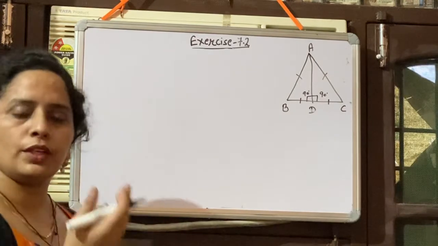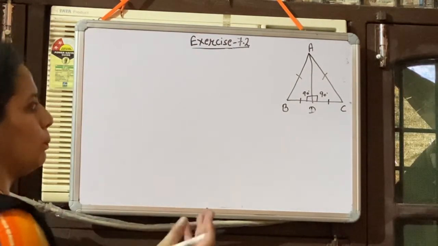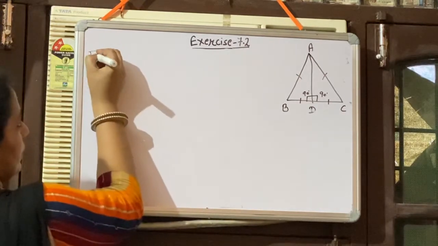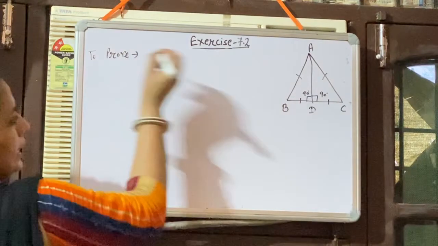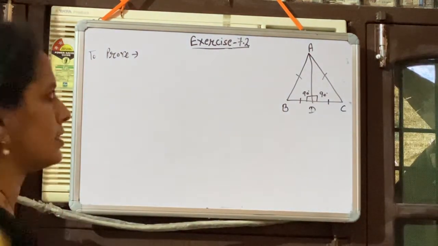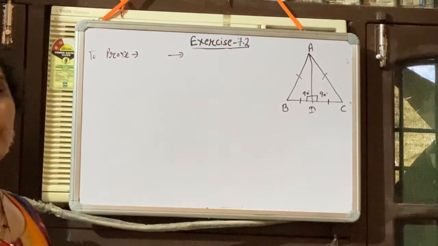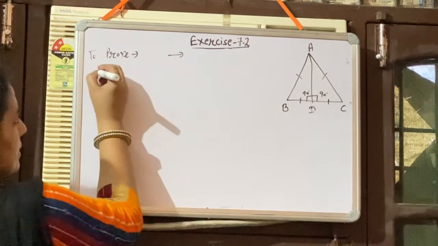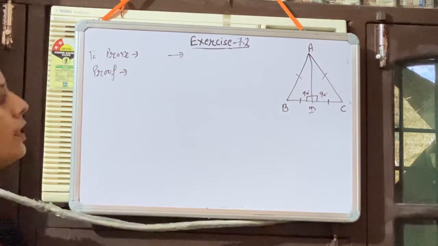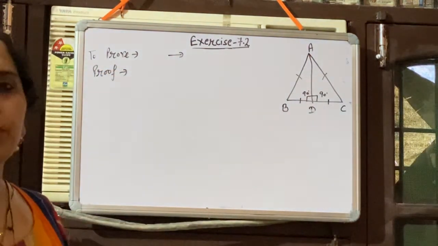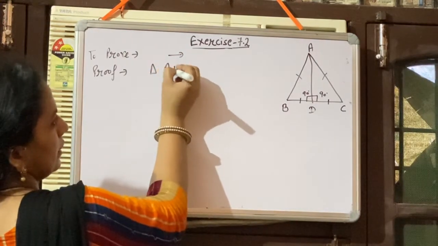Given, you can write from the statement, and to prove, what will we write in the to prove? ABC is an isosceles triangle. In the to prove you can also write from the statement. Next is proof. In proof, first of all write the names of the two triangles which you try to prove congruent.